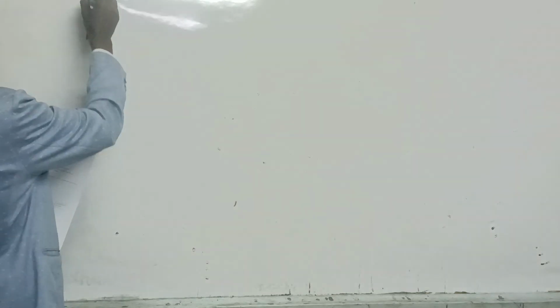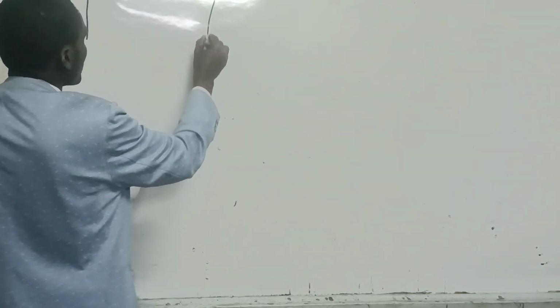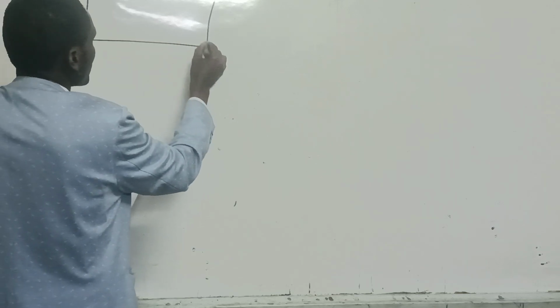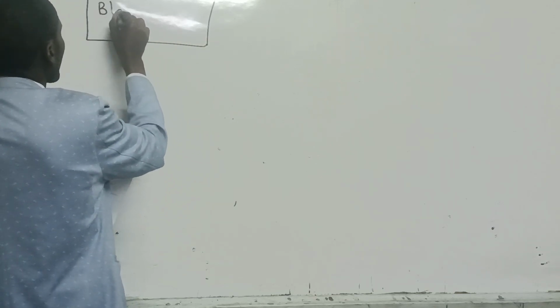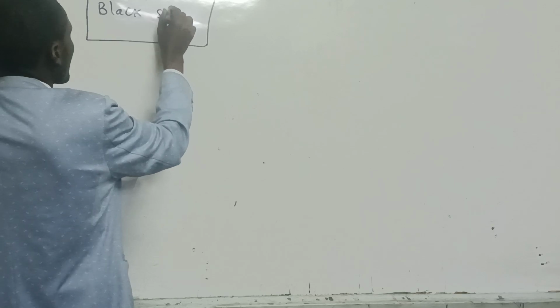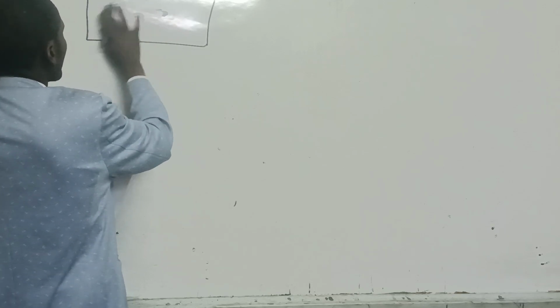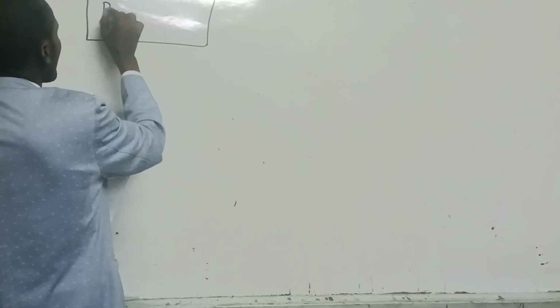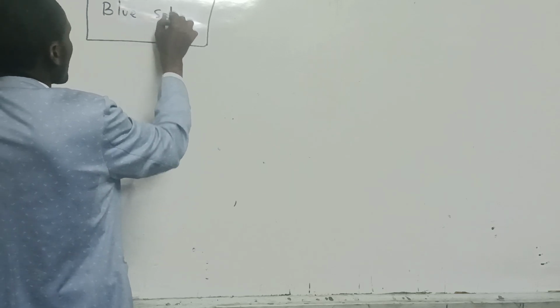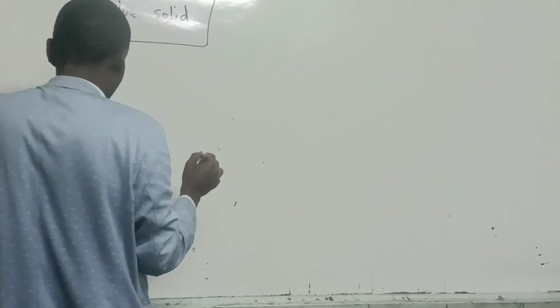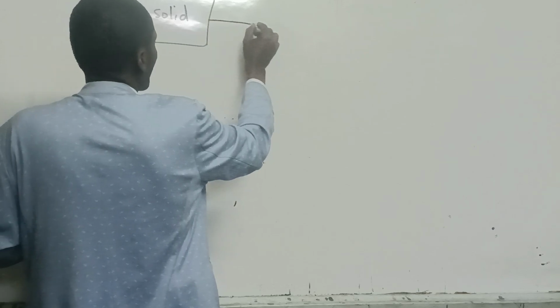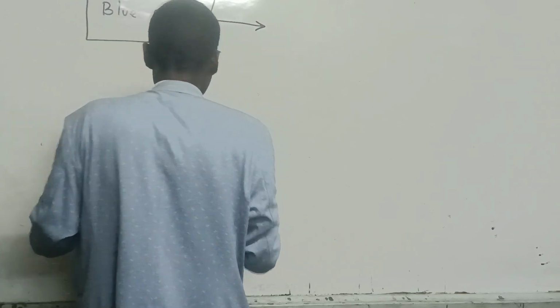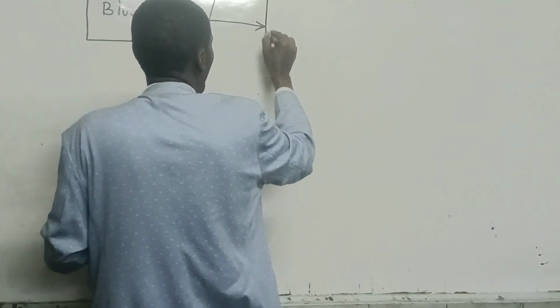So this is what they were given. We had a black solid. So we begin with this, the blue solid. And from here, there's an arrow that proceeds forward, and this branches into two parts.